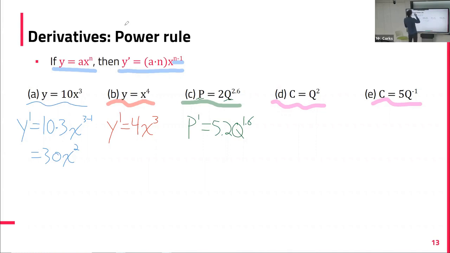All right, looks like people are ready. What is our fourth one here? C prime equals 2q.